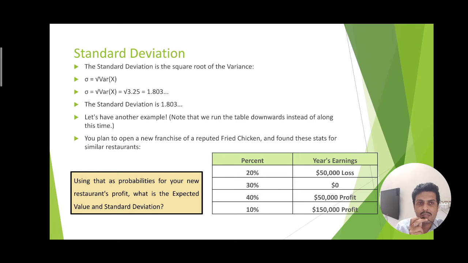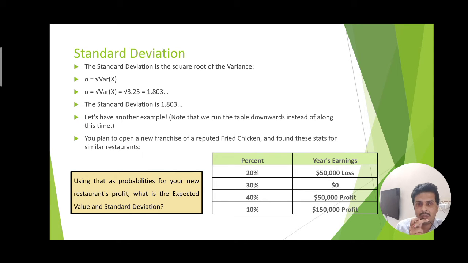So in 20% cases you have seen a $50,000 loss, in 30% cases no profit no loss, that is $0, in 40% cases $50,000 profit, and in 10% cases $150,000 profit. So very high profit percentage is less, moderate profit is 40%, and 20% and 30% for the loss and no loss.